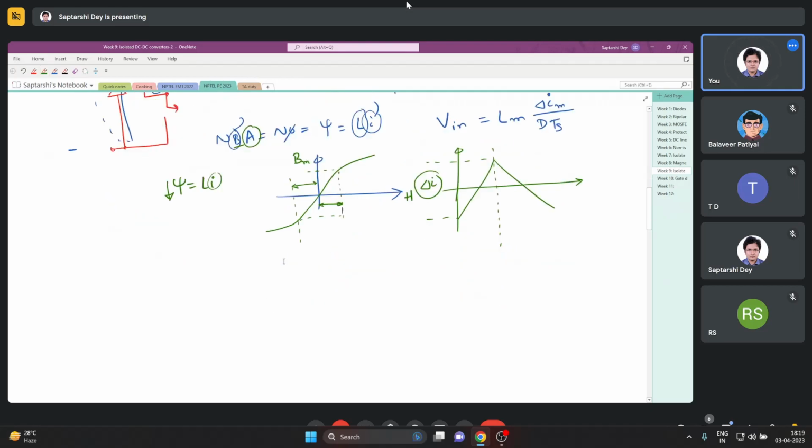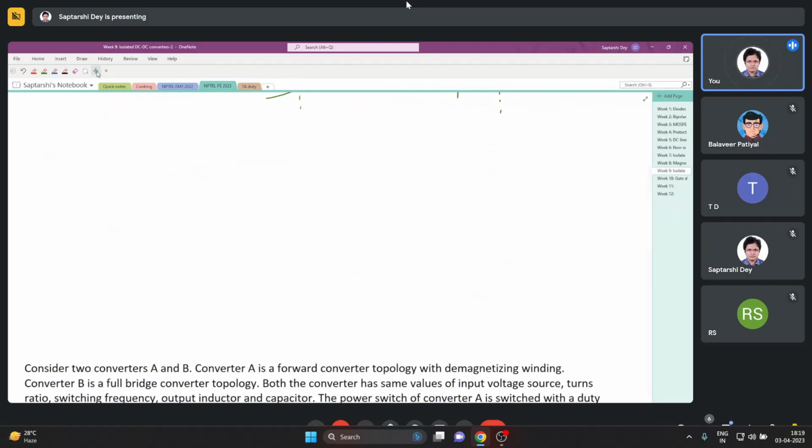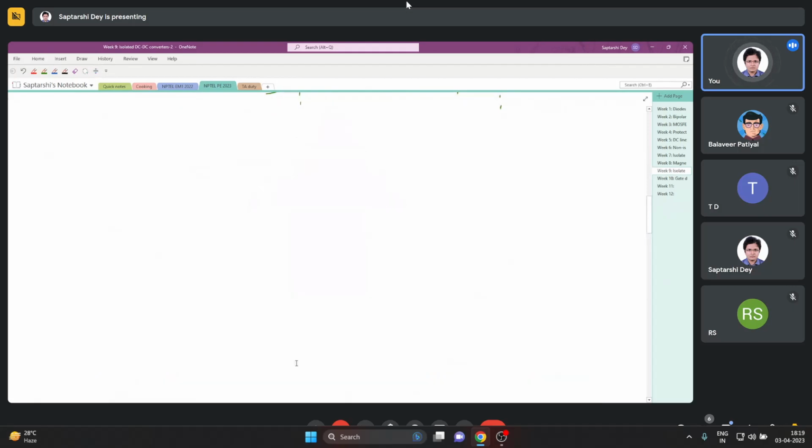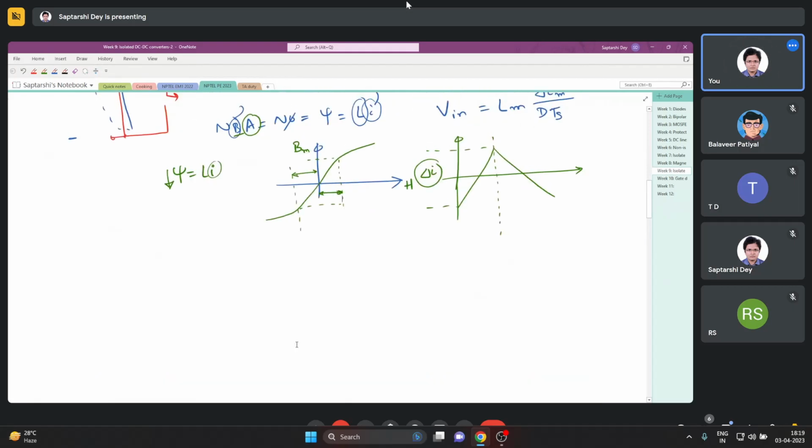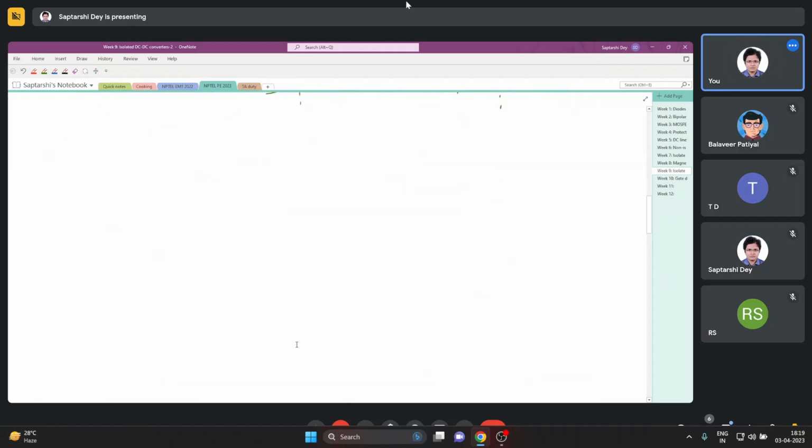So all the converters that we will look at today, we will see that the cores experience flux that is bipolar, unlike that in forward and flyback converters.